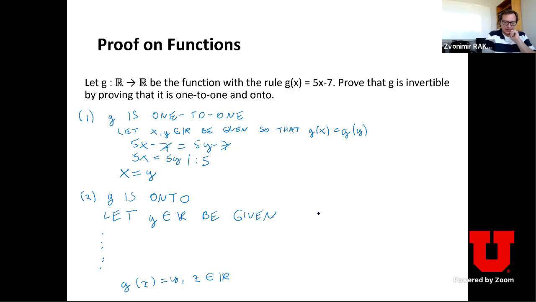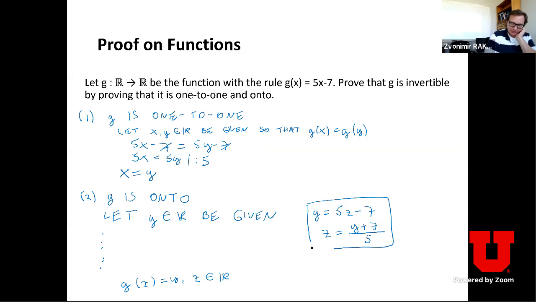So we want to find z such that y is equal to 5z minus 7. And when you work this out, you get z is equal to (y plus 7) divided by 5. This is just a little side calculation to figure out what this z should be.